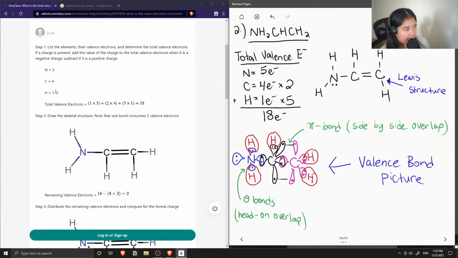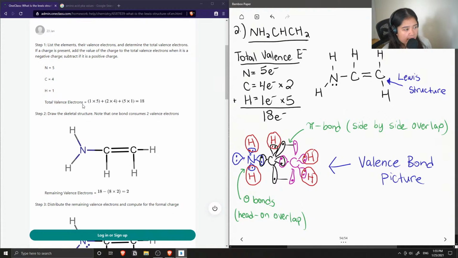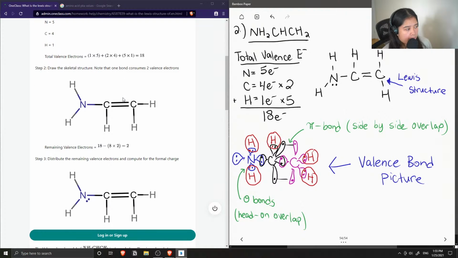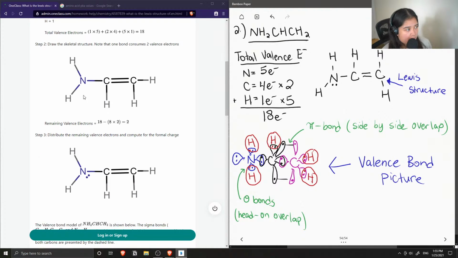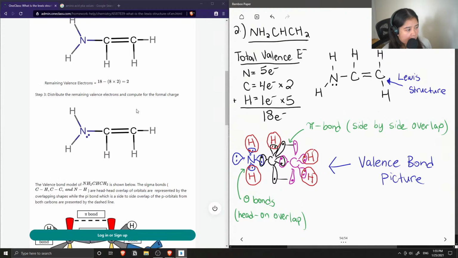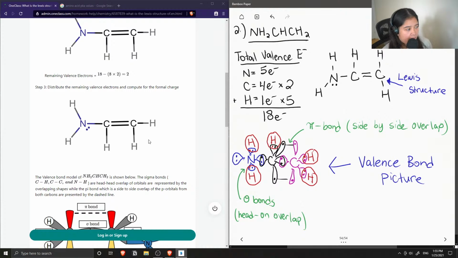Add the value of the charge to the total valence electrons when it is negative. Subtract if it is positive. So they have 18 in total, and they got this skeletal structure of our compound, and they added the remaining electrons on our nitrogen because we have 18 valence electrons.